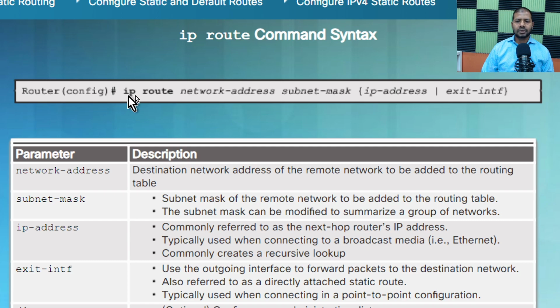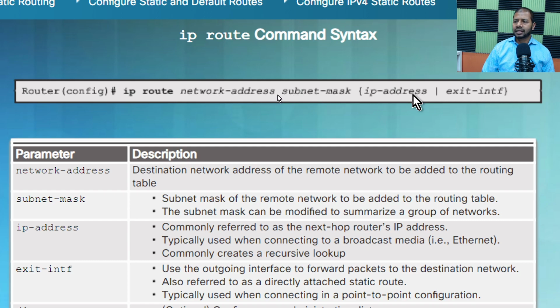You type IP route, then you put the network address and subnet mask. So the destination network that you have, and its subnet mask. You know that a subnet has either a 24-bit or whatever mask. So you're going to be writing that down in here.